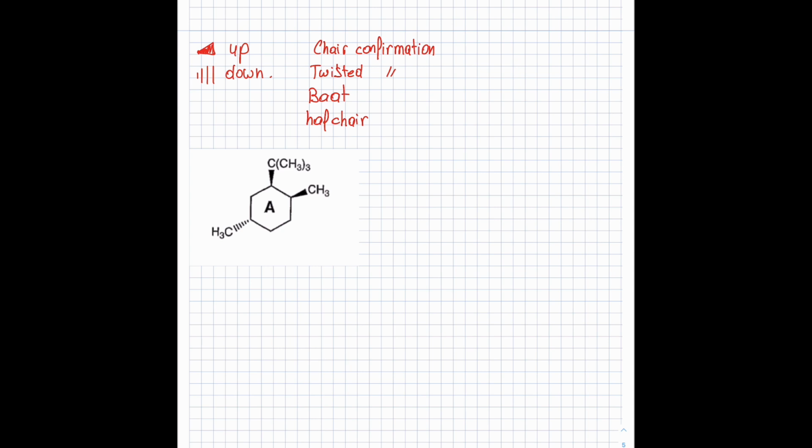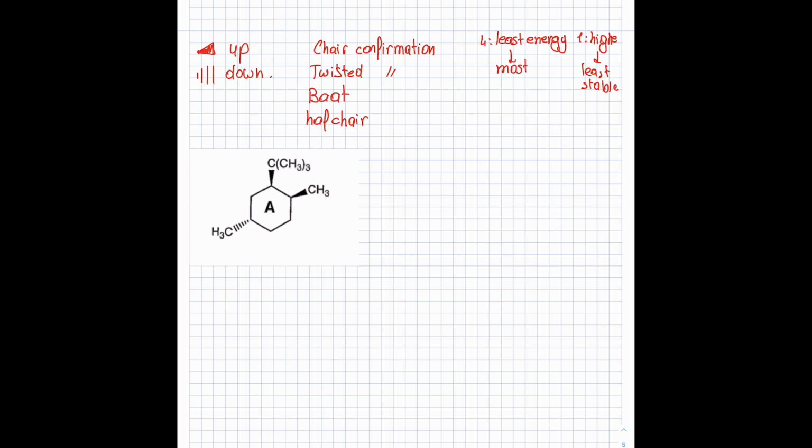And I'm gonna put number 4 being the one with the least energy, and then number 1 with the highest energy. Highest energy meaning it's gonna be the least stable. And then number 4 is gonna be the most stable.